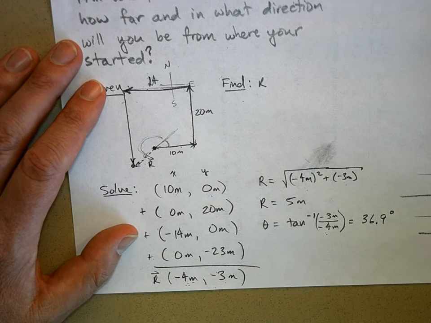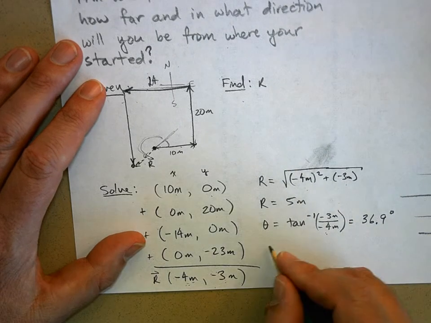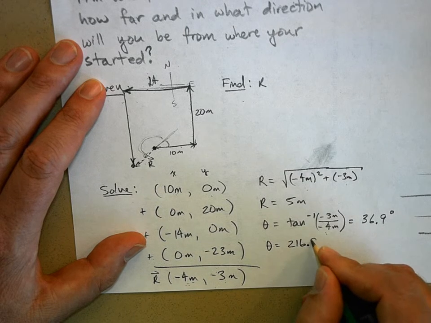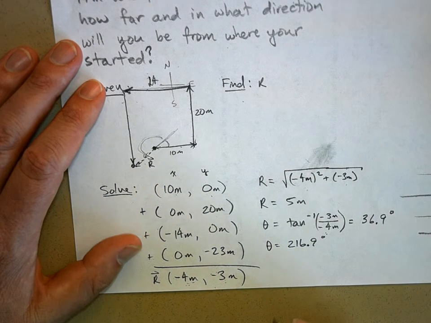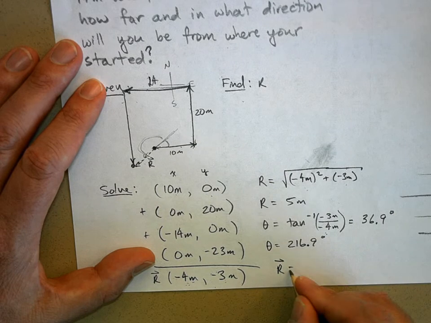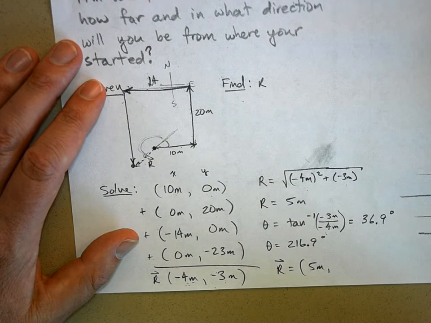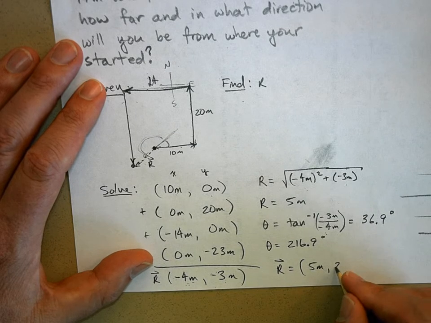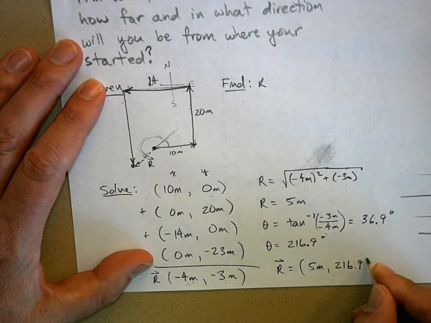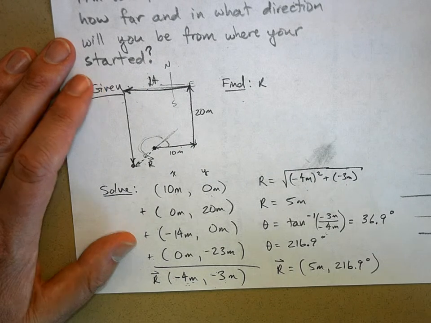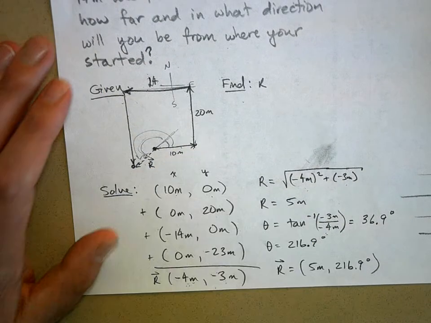So we're going to add 180, and we get, so theta is equal to 216.9 degrees. So you can say vector r, I ended up 5 meters away and at an angle of 216.9 degrees, and that's measured counterclockwise from east, like this.